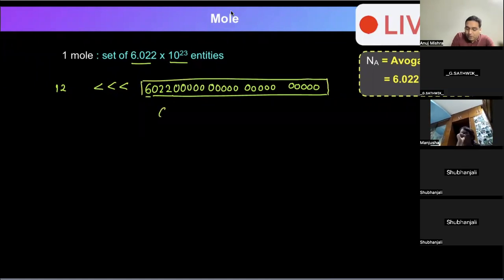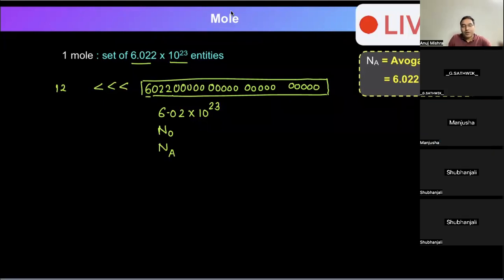So I can use the term 6.02 into 10 raised to power 23. That's one way to write it. I can use the term N naught, N and 0, or I can say N capital A, NA. These are symbols which represent the same thing.